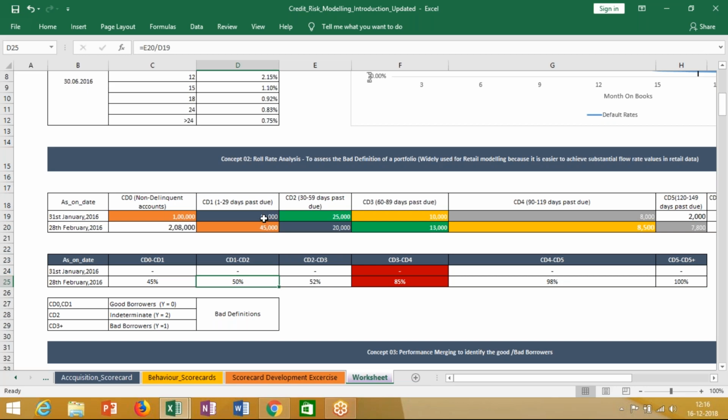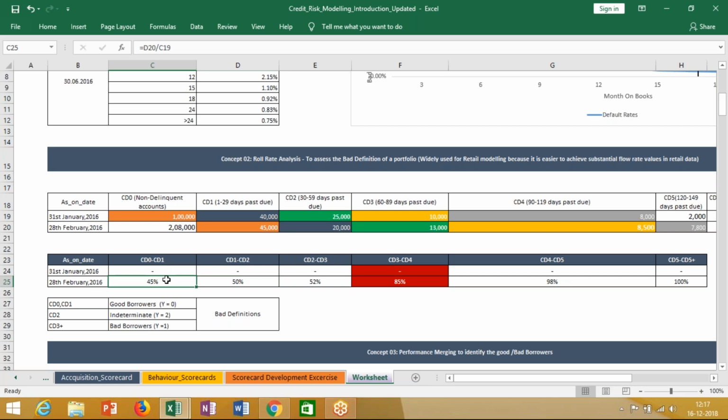It may be that they paid their balances, so some adjustments have happened, and the final resulting balance in CD1 as on 28th February is 45,000. So the flow rate over here is 45,000 divided by 1 lakh, I mean 45%. Is this concept of flow rate clear?